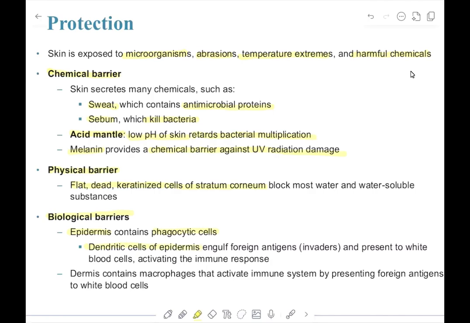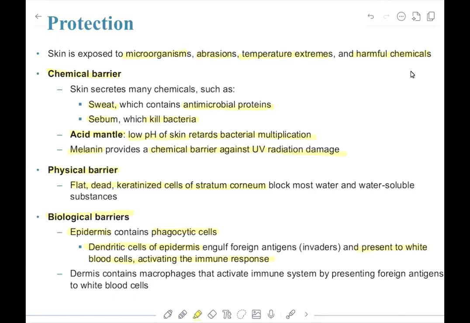We have to have specific cells because there's no blood supply of the epidermis. So remember, one of the functions of epithelial tissue is that it is avascular. So the dendritic cells engulf these foreign antigens and present them to white blood cells, therefore activating the immune system.